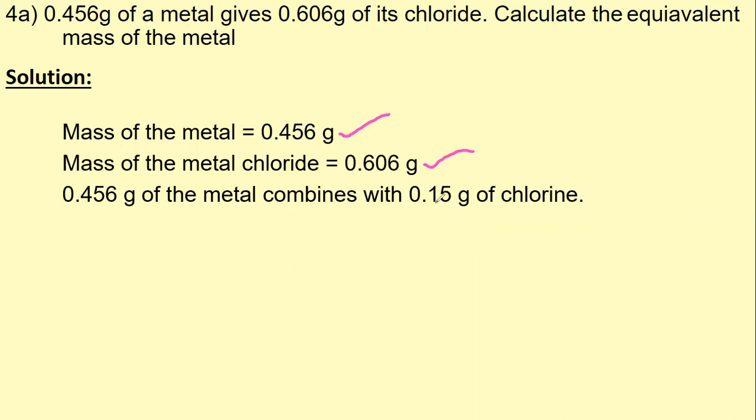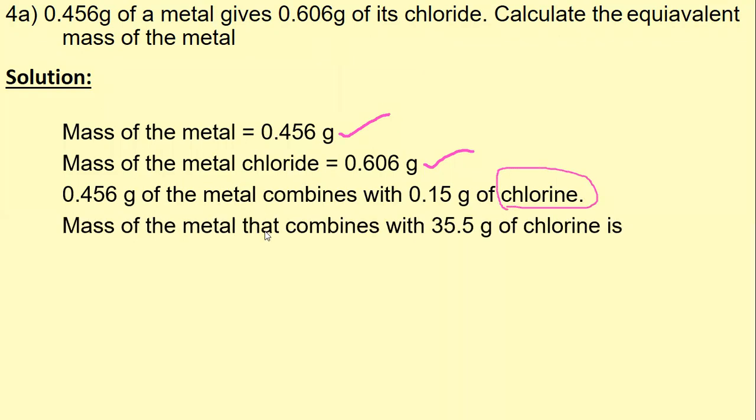So this 0.15 gives you the chlorine value. Now, the mass of the metal that combines with 35.5 gram of chlorine.